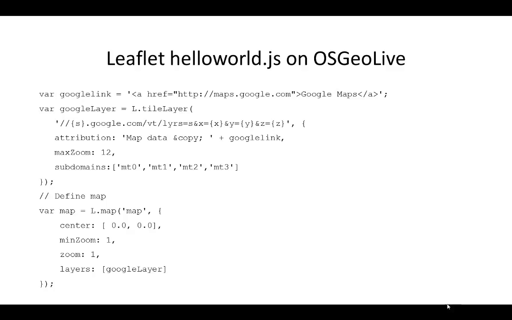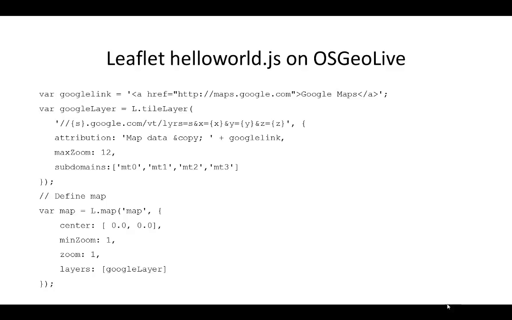We then have that's the address of the tile server, and then we have a LYRS layers argument, which is equal to S. S defines a Google satellite image. Other letters in there will return other types of maps.